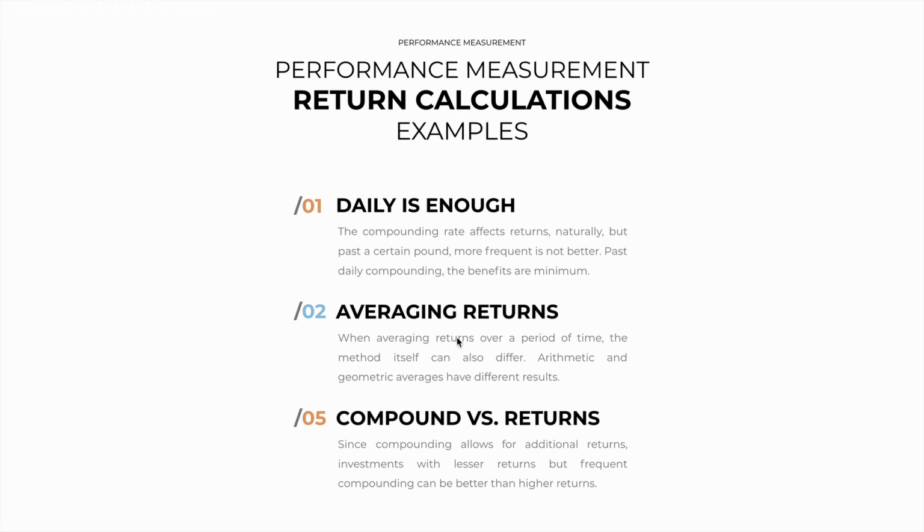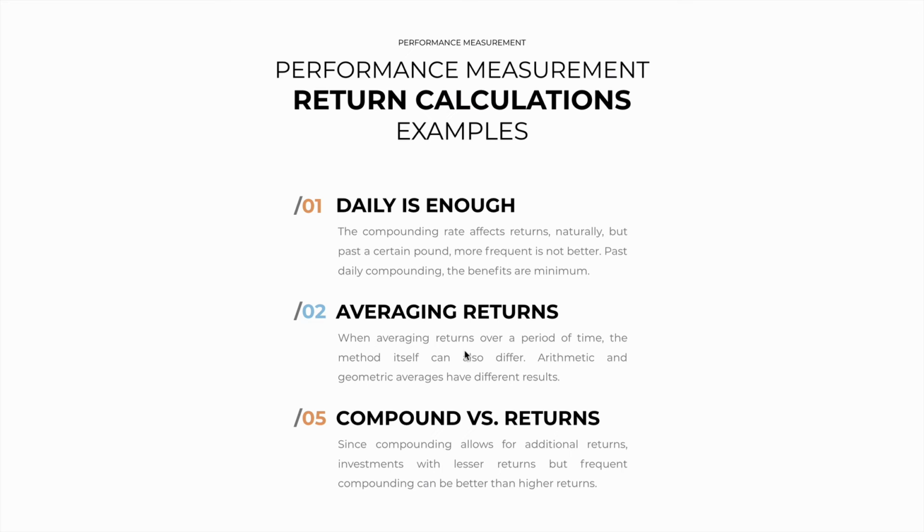Then, returns are averaged over a period of time, and the method itself can differ. If you have a hedge fund that has generated returns for 5 years, in some cases it's 10%, in some cases it's 3%, in some cases it might be -2%, you need to average those. And fund accountants can use arithmetic or geometric averages, and these generate different results.